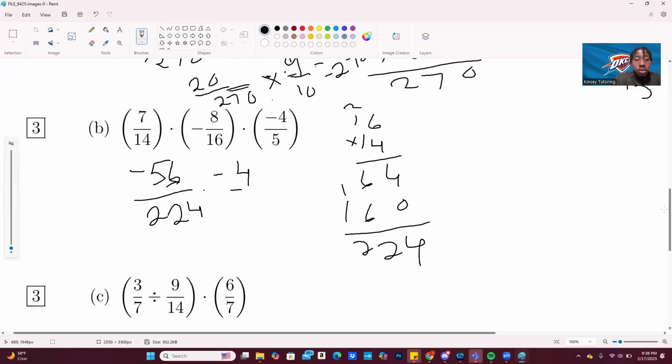Times negative 4 over 5 equals, I'm going to be doing math as well. 56 times 4: 6 times 4 is 24, carry the 2. 5 times 4, 20, add 2, 22. So we have another 224.